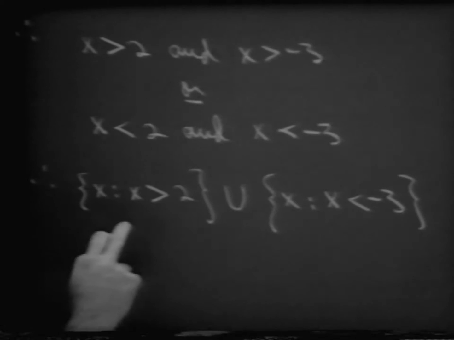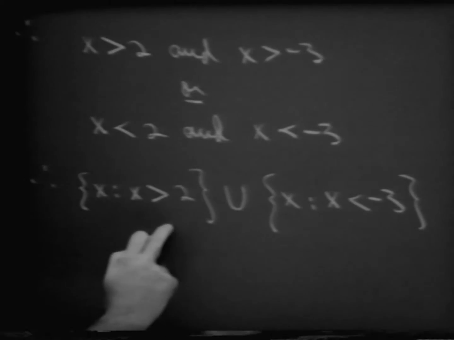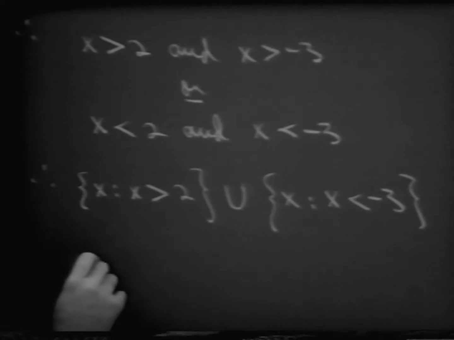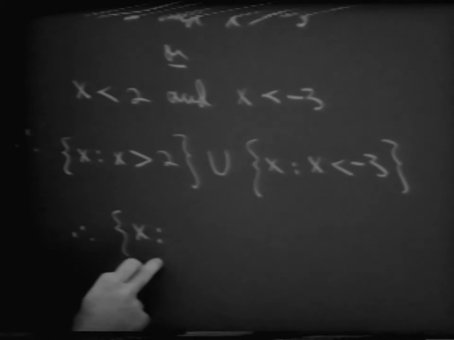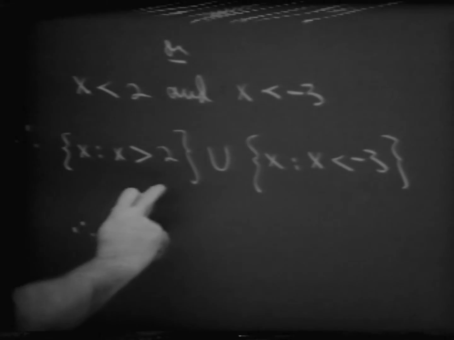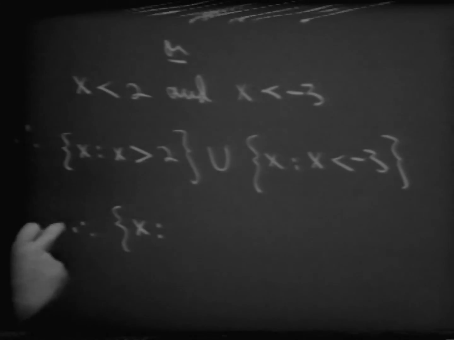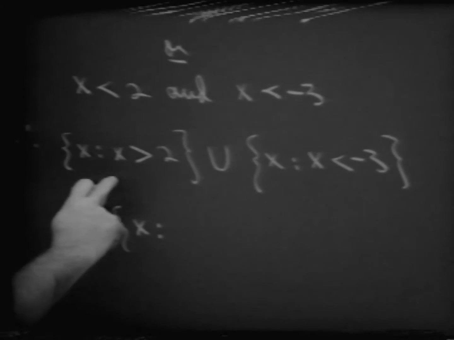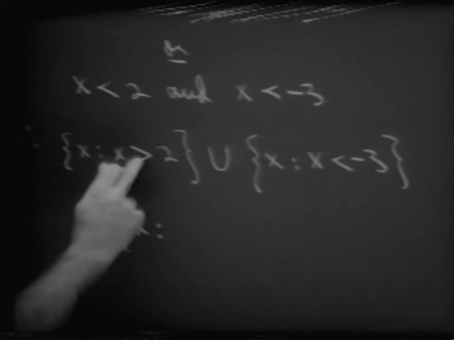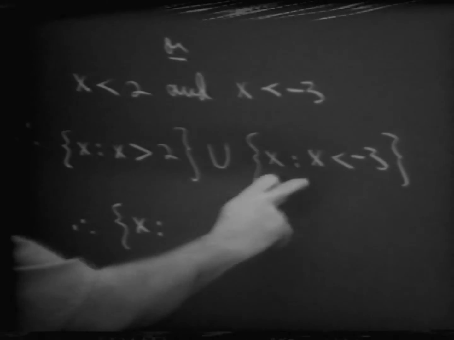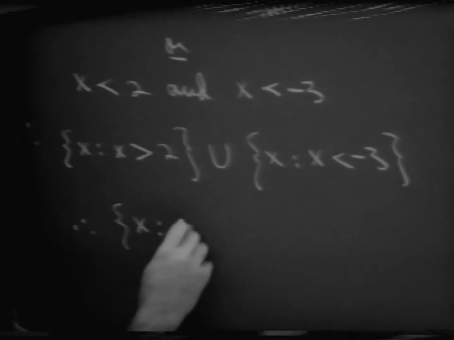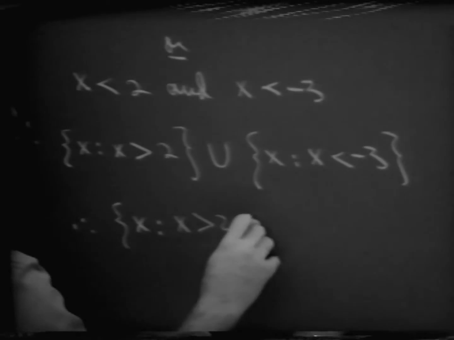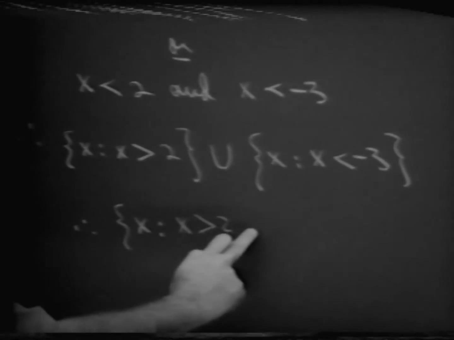Now, looking at the union of these two sets, I think you would say then our final conclusion is the set of all x's such that, and now let's try to put it into one set notation. We're interested in all real numbers such that x is greater than 2, or x is less than negative 3. Is that right? X then is greater than 2. What word do I want to use here?